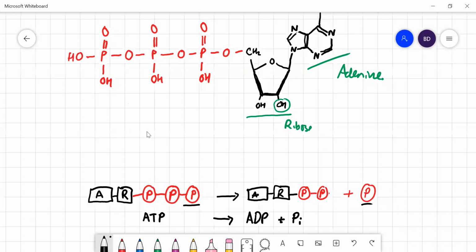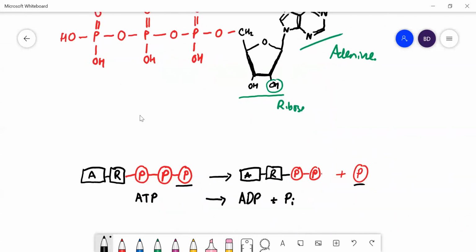Now, that is a little bit confusing, because we are breaking a bond there and we're getting energy released. This is exothermic. And we know from GCSE chemistry that when you break a bond, you need to give energy in. That's endothermic. So this causes a little bit of confusion, and it isn't quite true to write it like that.